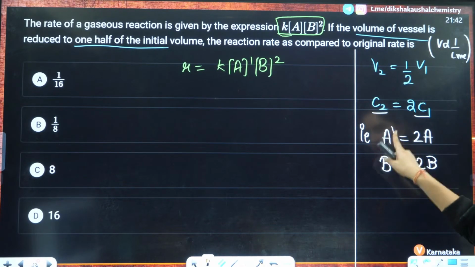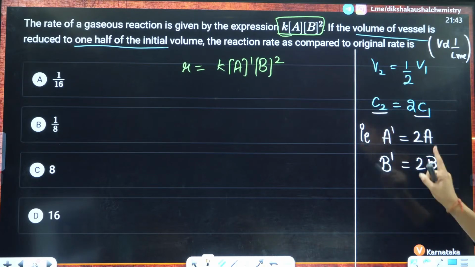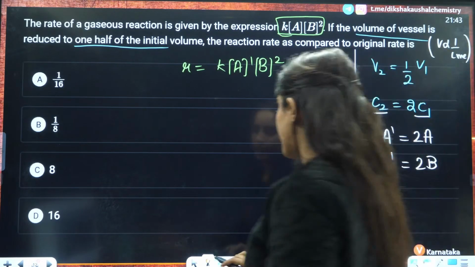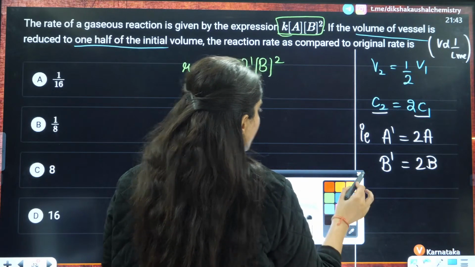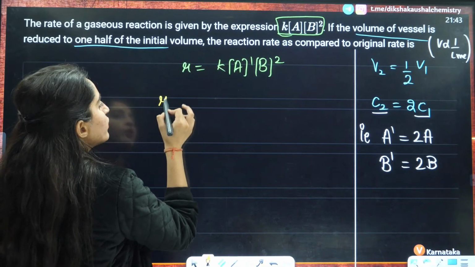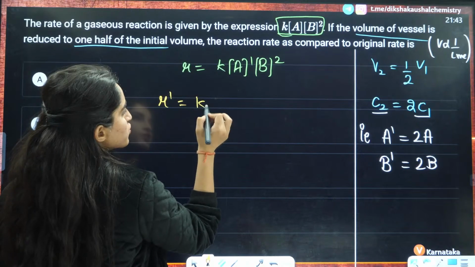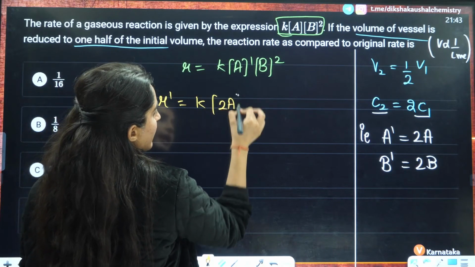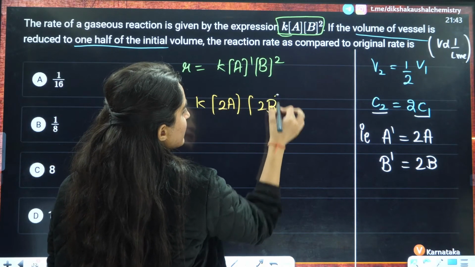Final concentration of A I am taking as A dash, that is double of initial. Final concentration of B I am taking as B dash, that is also double of initial. So the new rate R dash is equal to K into 2A into (2B) square.